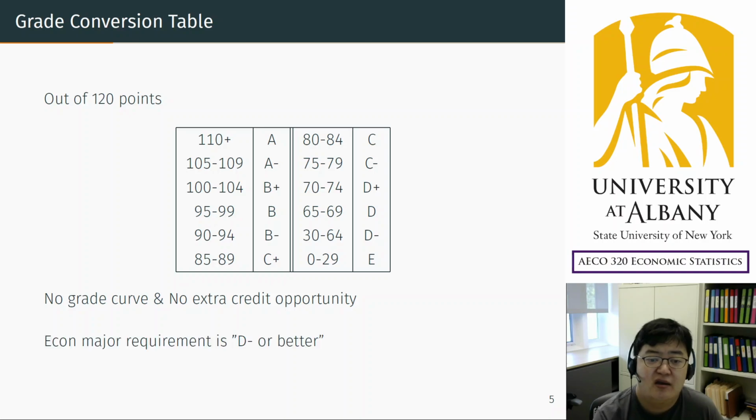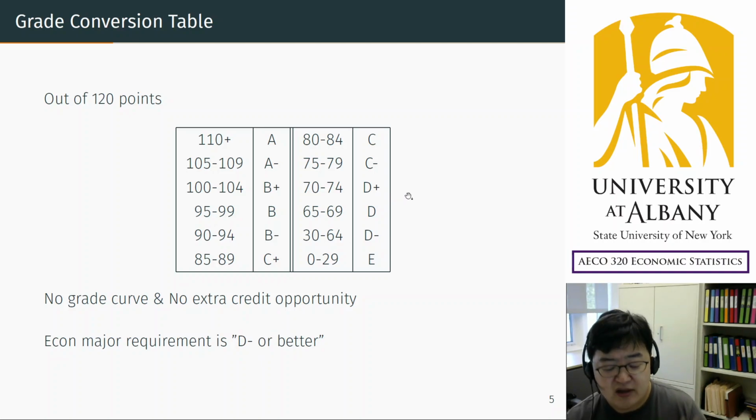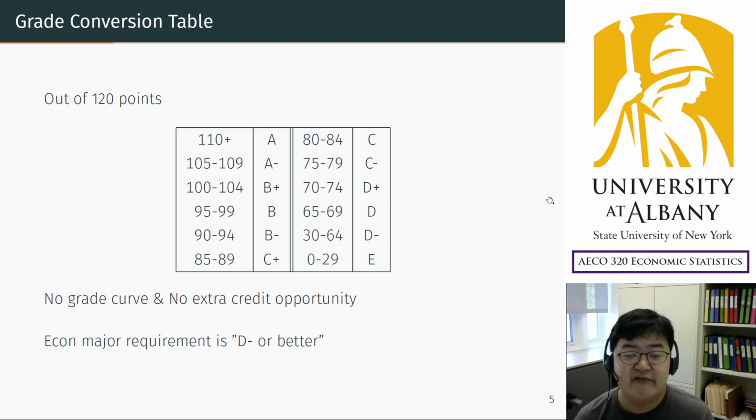And by the way, a lot of students ask me this: if you are at risk of failure, you may be worried that you need to graduate next year, but what if I get D? I'm telling you, the econ major requirement is D minus, a passing grade. A passing grade is anything but failure. So D minus or better is enough to graduate.